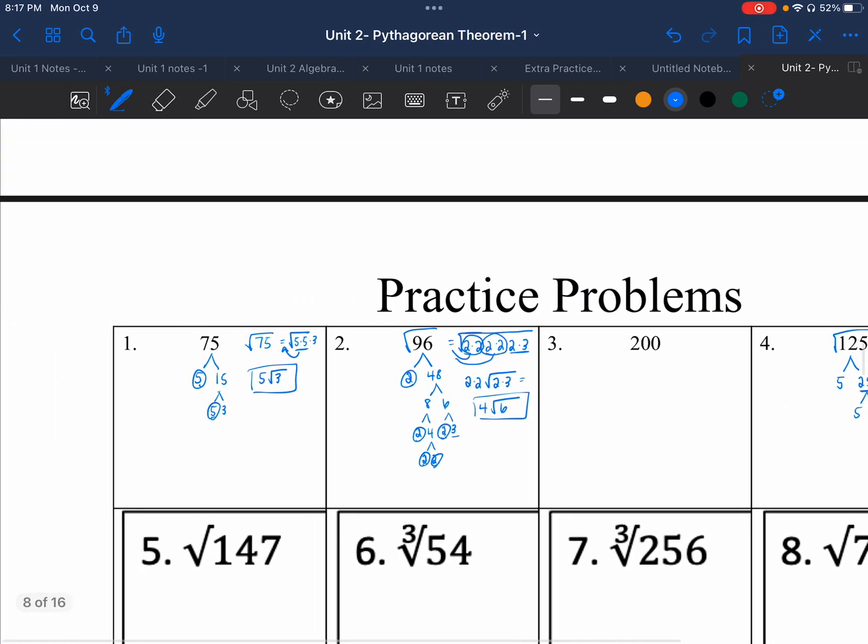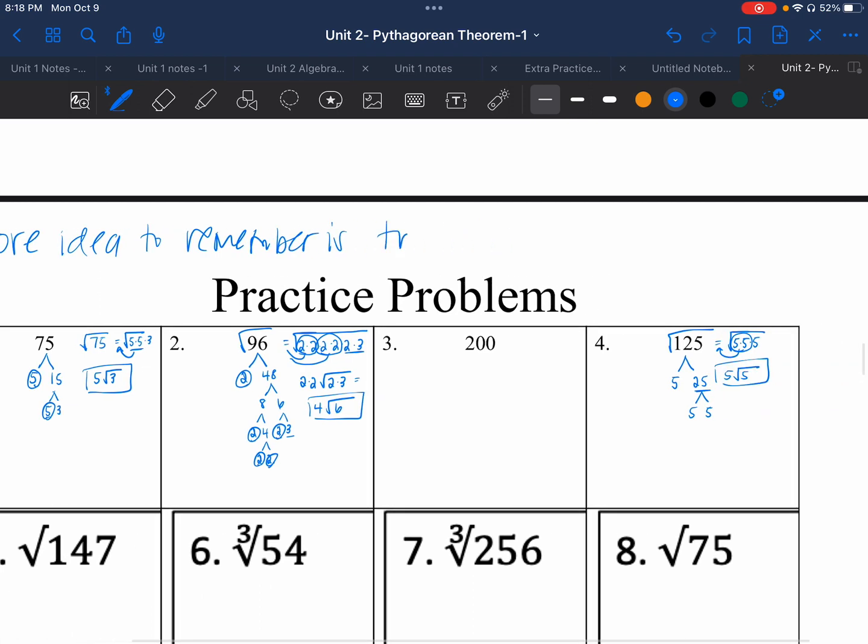But the big core idea to remember is: 2 under, only 1 out. If I have 2 of the same factor underneath the radical, I can only pull 1 of those numbers to the outside of the radical. Hopefully this helps. Please bring any questions you might have to class.